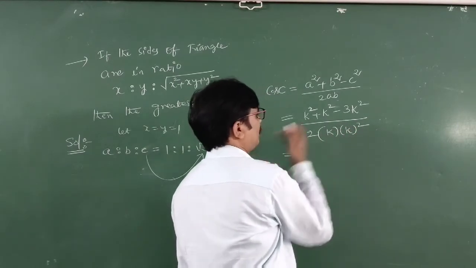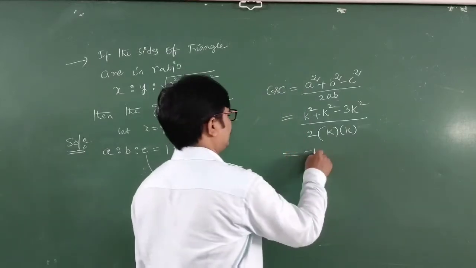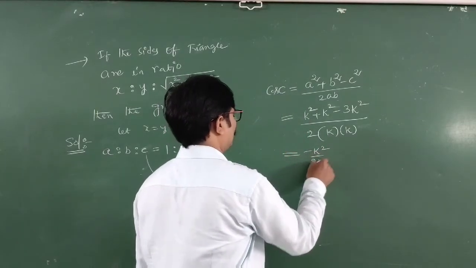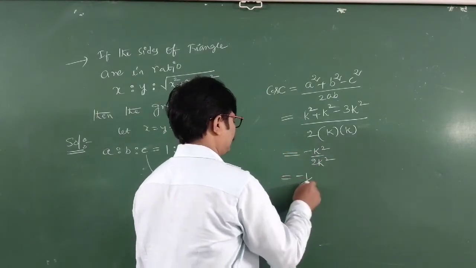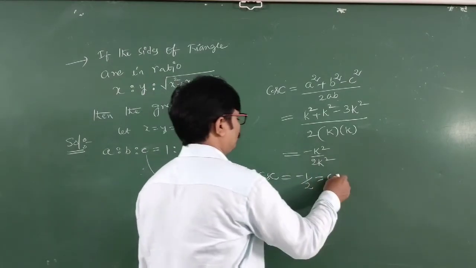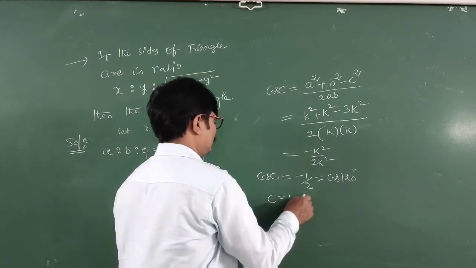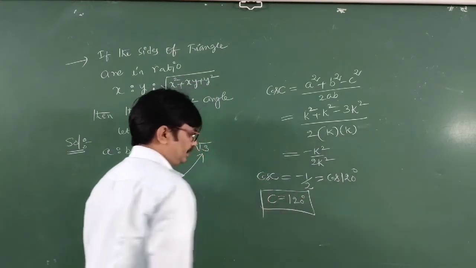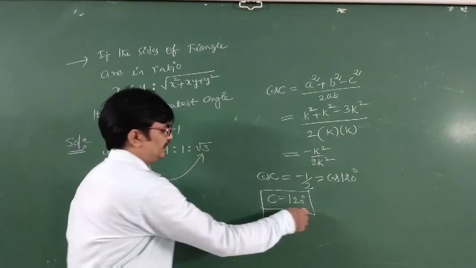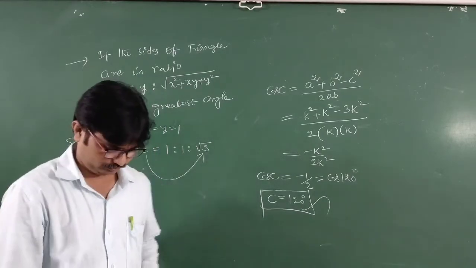This is minus k square by 2k square, which is minus 1 by 2. We know that cos of 120 is minus 1 by 2, so C is 120. Write down students, the greatest angle is 120.